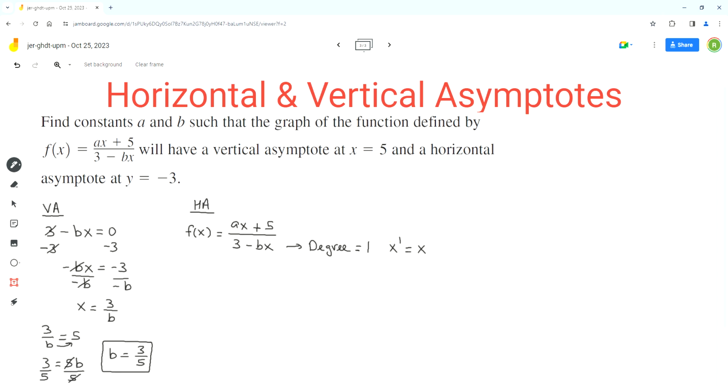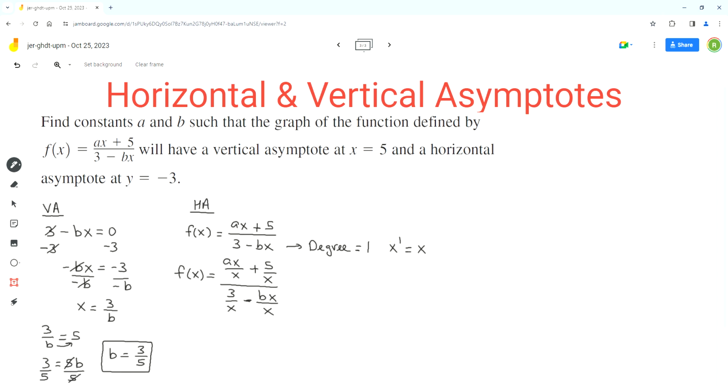So we can rewrite this given function with each term divided by x. So we divided each term in this function by x. Now we can simplify this function.